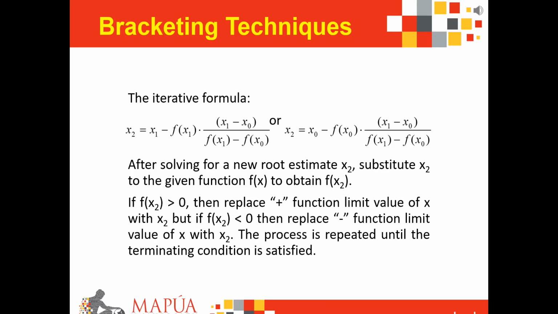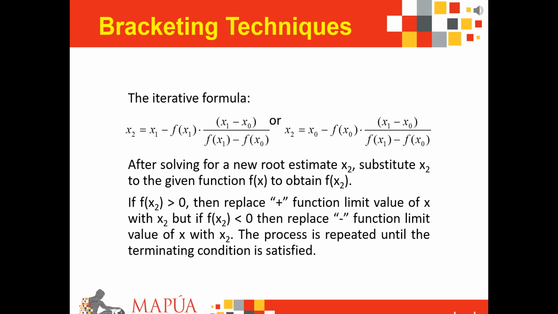Again, if your f(x2) is not equal to 0, this implies that your calculated x2 is not the root. Hence, we replace one of the bracket values, either the positive function limit or the negative function limit value of x. If f(x2) is greater than 0, then we replace the positive function limit value of x with x2.